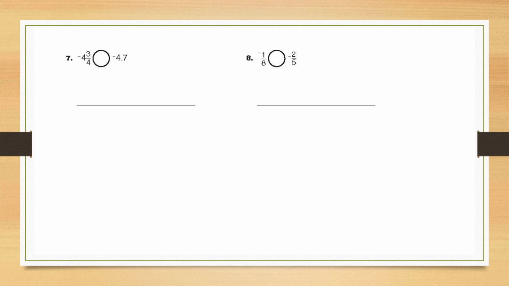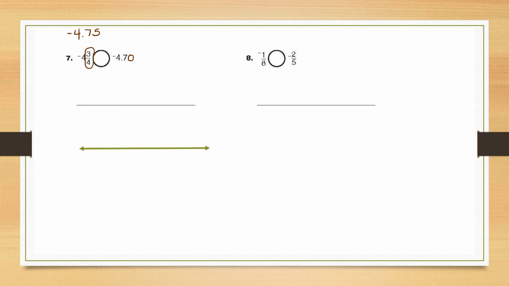Problem number 7. Negative 4 3/4 compares to negative 4 7/10. Now, I'm hoping that you know that 3/4 is 75 hundredths, and this would be 4.75. And I can add a 0 here, so that makes it easy to compare.